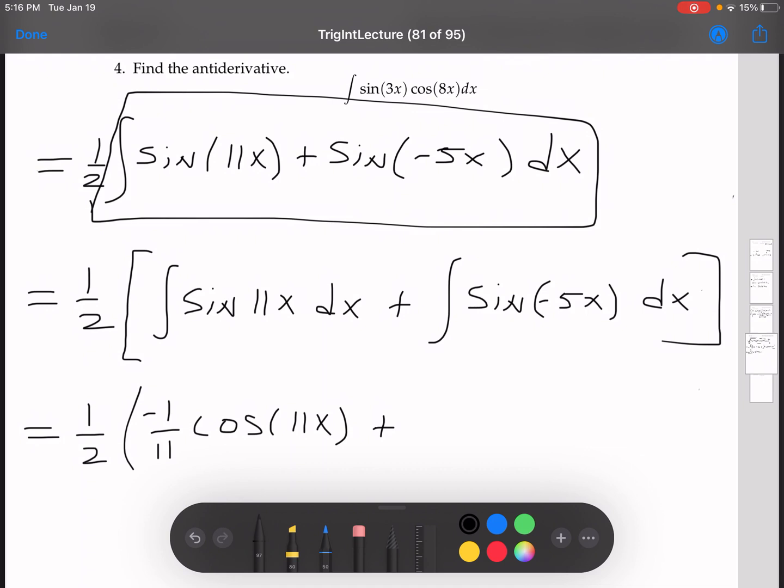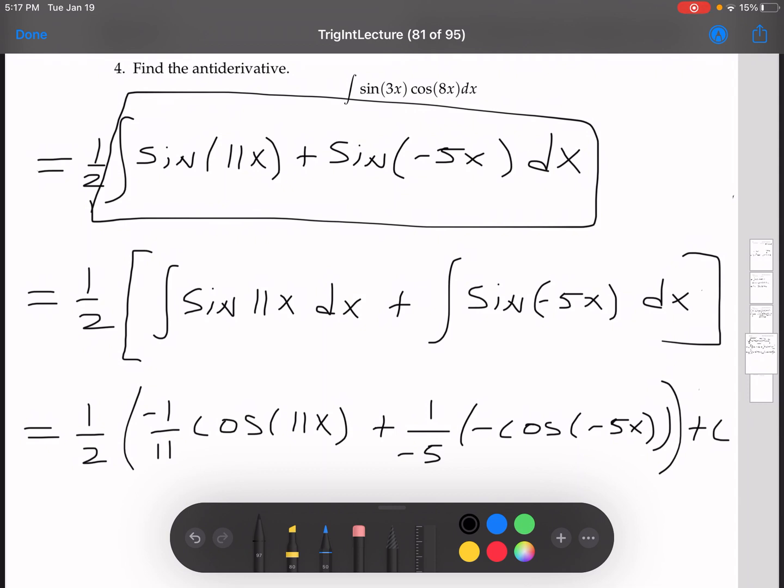So we've got 1 over negative 5, negative cosine negative 5x, plus c. That will work.